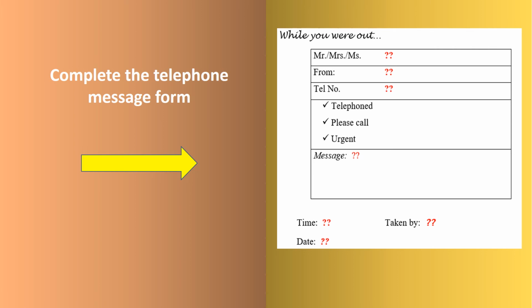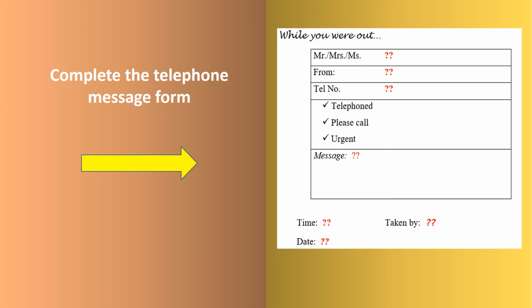Let's look at the telephone message form that you are required to input the extracted information from exercise 1 on. While you were out, Mr., Mrs., Ms. from at telephone number, telephoned, said that they would like you to call, it's urgent, a space for the message, the time and date on which the message was taken, and the person who took the message, taken by.